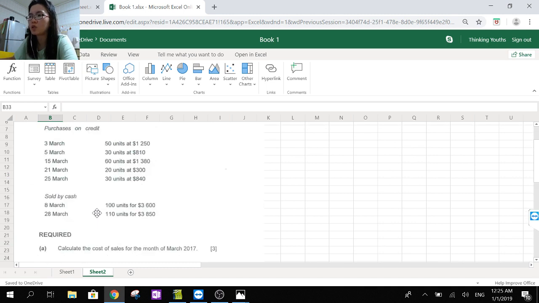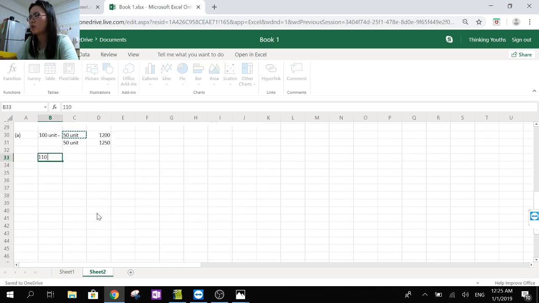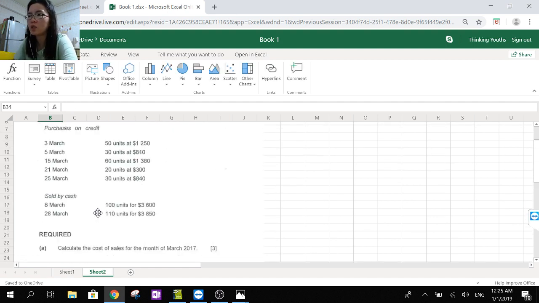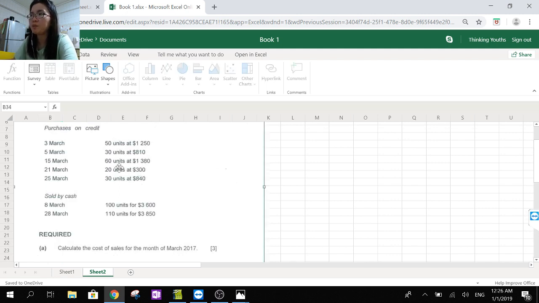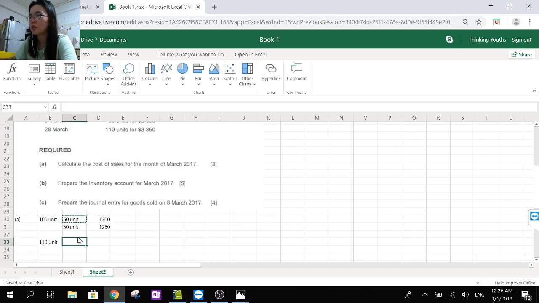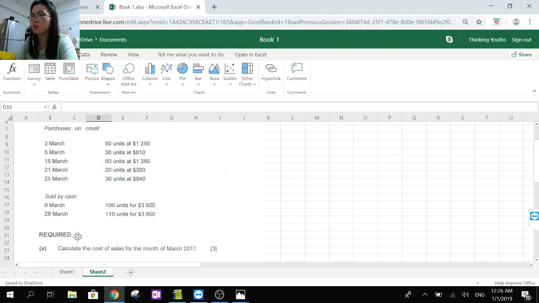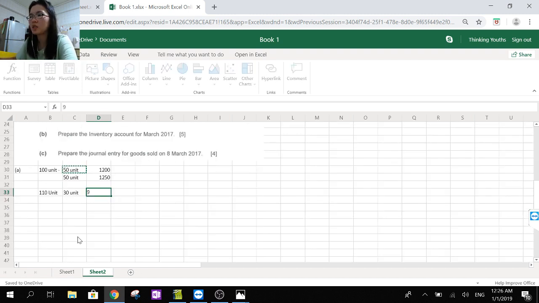On 28 March you are selling 110 units. So this 110 units is actually made up of 30 plus 60 is 90, 90 plus another 20 is 110. So the first batch we are taking 30 units, which the cost price is 810.